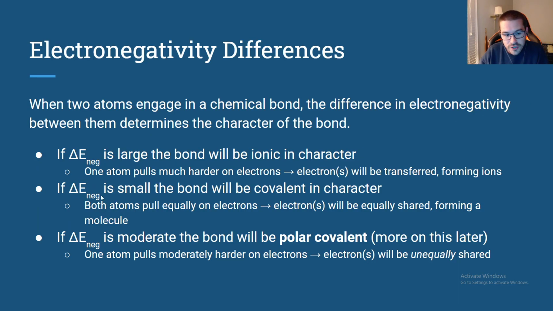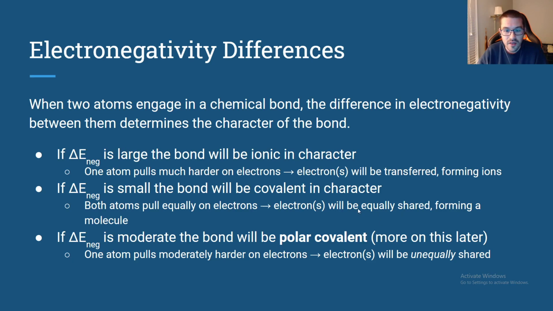If the difference in electronegativity between two atoms is small, the bond is going to be covalent in character. Covalent means that both of the atoms are pulling roughly equally on the electrons. In the case of two oxygen atoms, it actually is equal. The electrons are going to be shared between the two atoms.